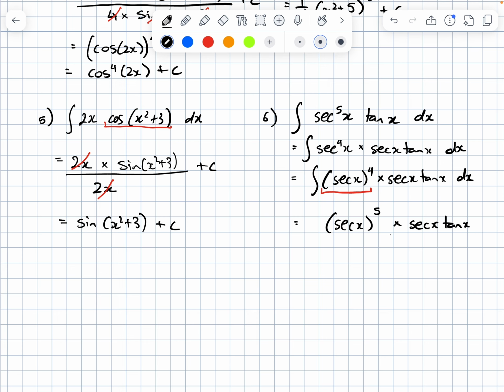Then I've got to divide by the new power and by the derivative of the bracket. The derivative of the bracket is sec x times tan x, of course the plus c. Those completely cancel, leaving a final answer of 1/5 sec x to the power 5 plus c, or 1/5 sec to the power 5 of x plus c.